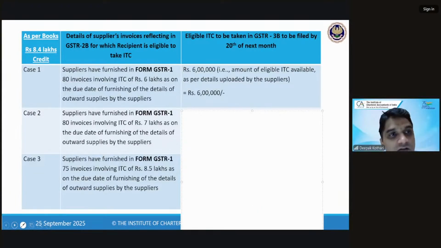Okay. Second scenario, the books amount remains the same, but the suppliers have furnished GSTR 1 to the tune of 7 lakh rupees as on the due date of furnishing. So here, how much credit can I claim?